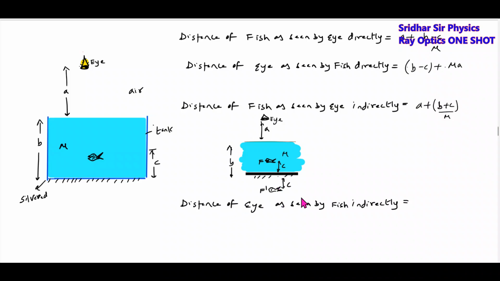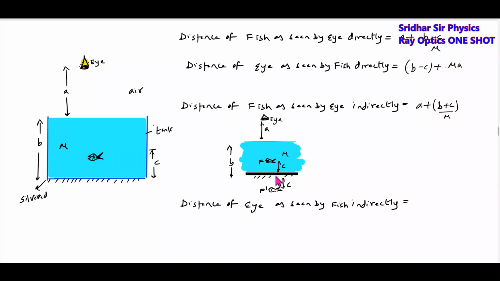Similarly, distance of eye as seen by fish indirectly. The rays emitted by the eye will undergo refraction, will undergo reflection. Then the image will be formed. That image will be seen by the fish. So what actually happens?